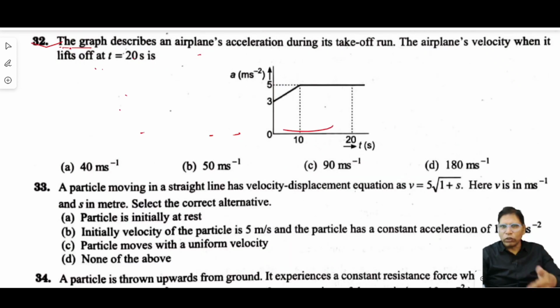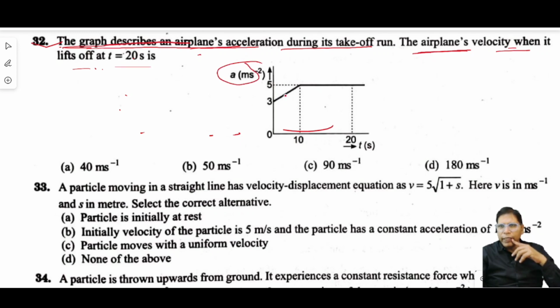Okay. Now question number 32. The graph describes an airplane's acceleration during the takeoff run. Find the airplane's velocity when it lifts up at t equal to 20 seconds. Now look at this acceleration time graph. Here acceleration increases from 3 to 5. During this acceleration, the change of velocity equals the area of this graph.